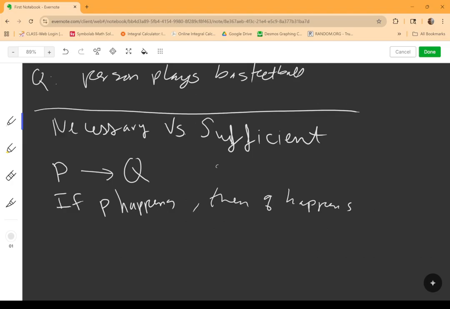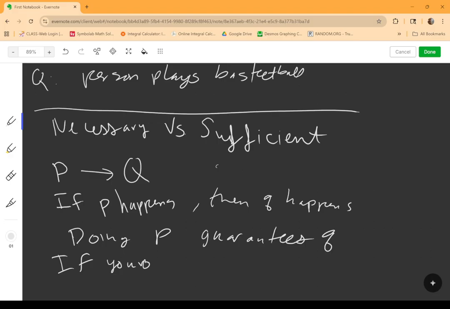So doing P guarantees Q. P is enough. Think of the statement, if you order dessert, then you pay extra.